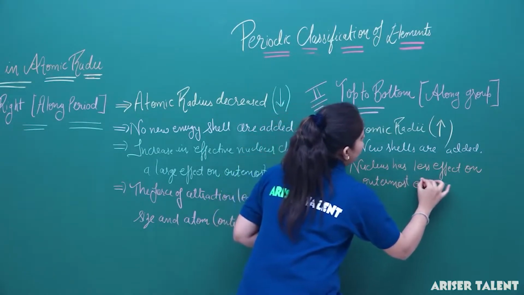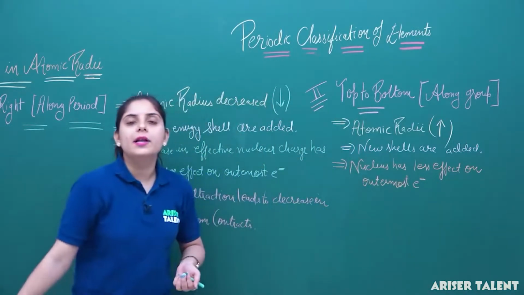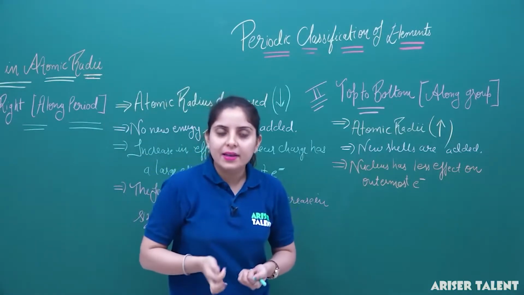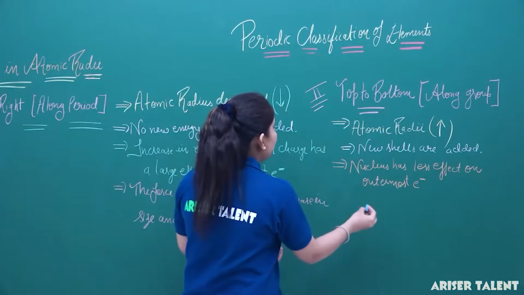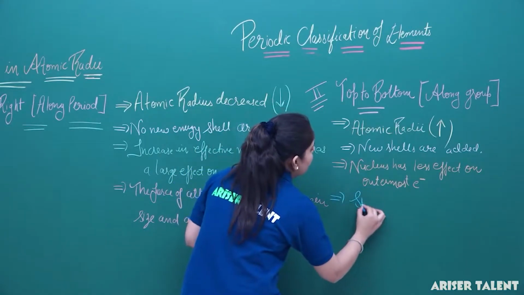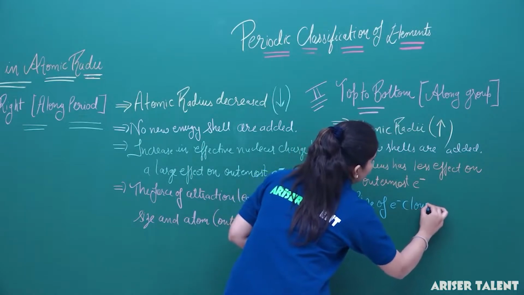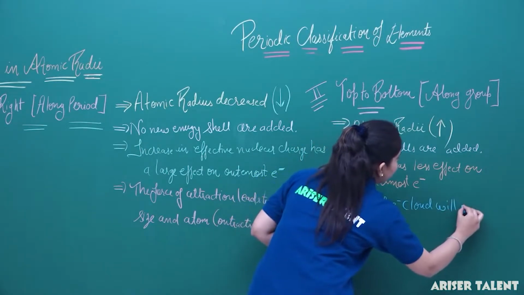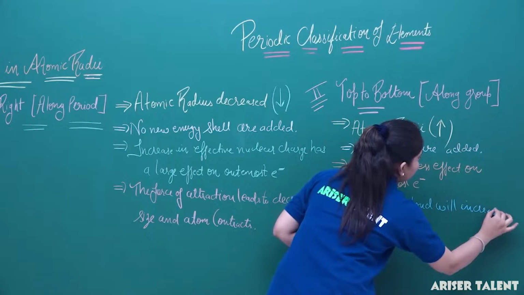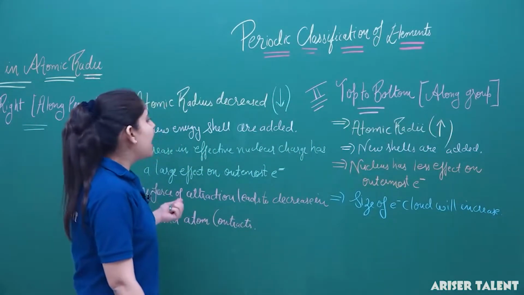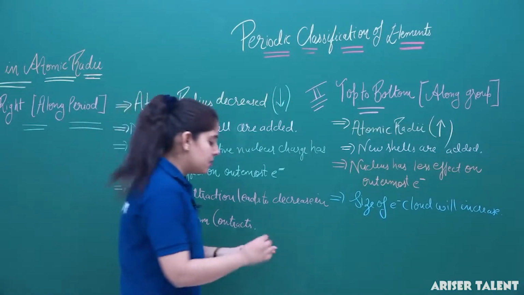So if it has less effect on the outermost electron, the size of the electron cloud will automatically keep increasing. So what will happen next? The size of the electron cloud will increase because there is little effect of the nuclear charge on the outermost electron. So we can say that atomic radii increases.